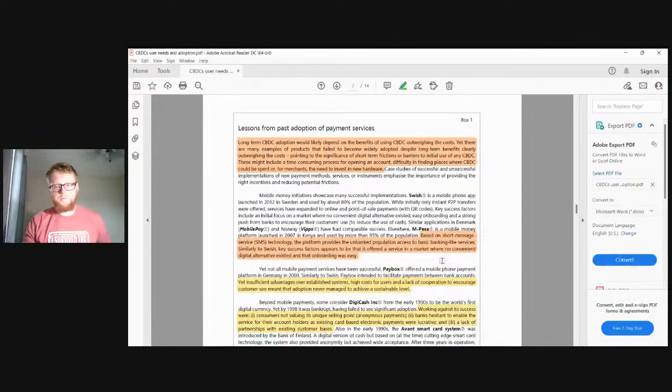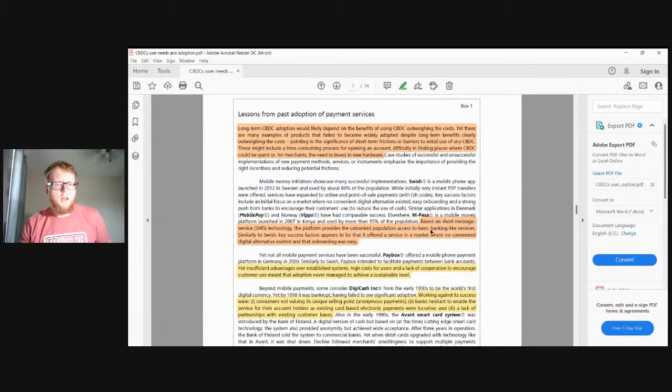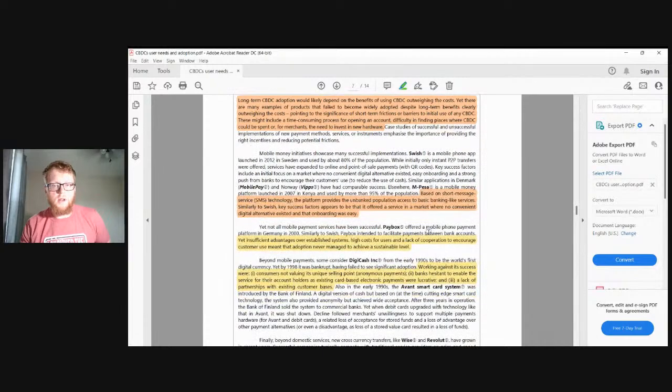And there's quite a few other examples that they've learned from past adoption for payment services. This is where I was quite surprised to see some of these actually. So they give examples of Swish, a mobile phone app launched in 2012 for Sweden.